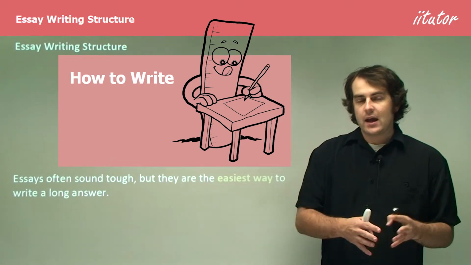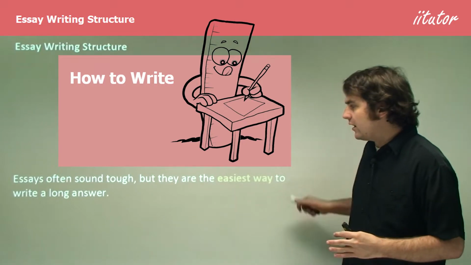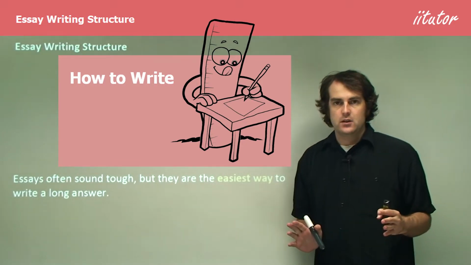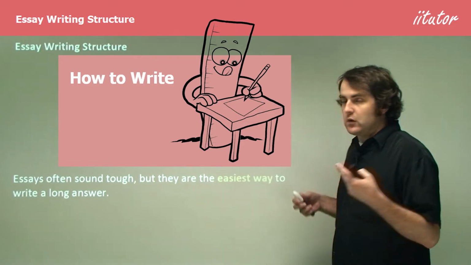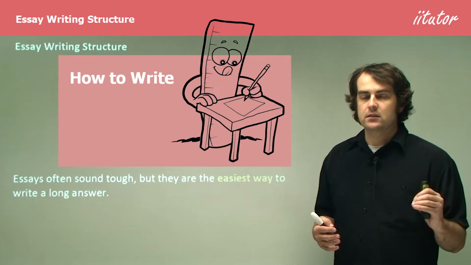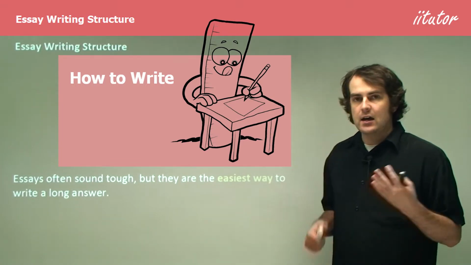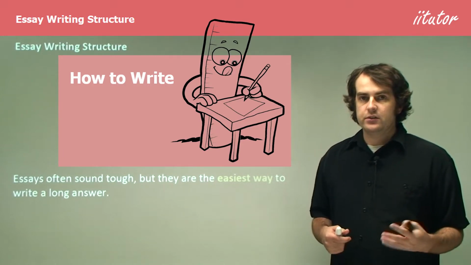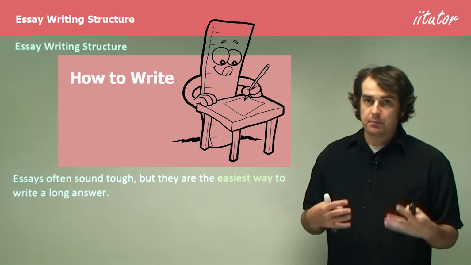So what it is, how you write an essay, how you set it all out. All right, and they sound tough if you haven't done them before, if you're doing them for the first time. Even if you have, they are the easiest way to write a long answer. So when you're expected to write a really long answer to something, essays are the best way to do it because they are very easy to remember once you've done it a couple of times.